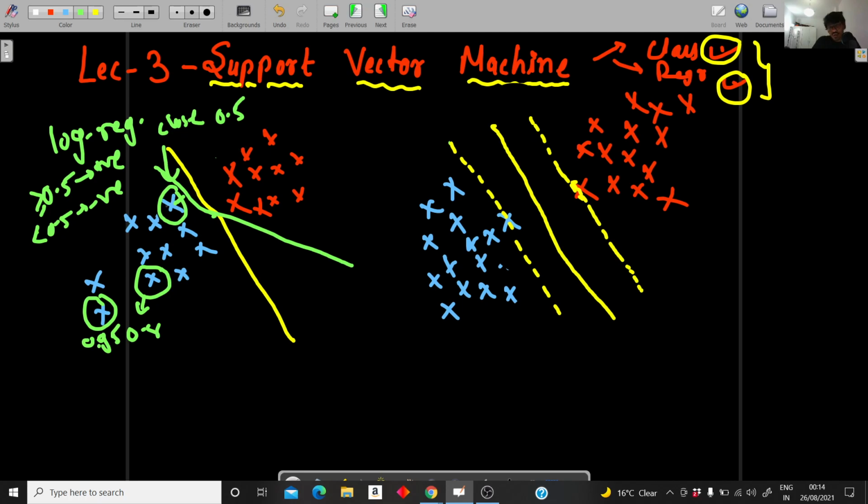So the closer the point is to the classification line, the closer its probability will be to 0.5. And due to this, what will happen? A slight change in the line can misclassify this point from this region to this region. That's why it's best to have a line which is at the maximum distance.